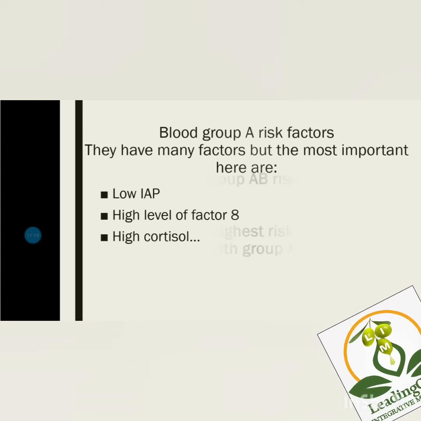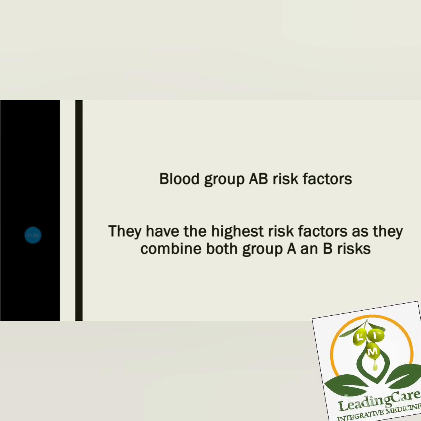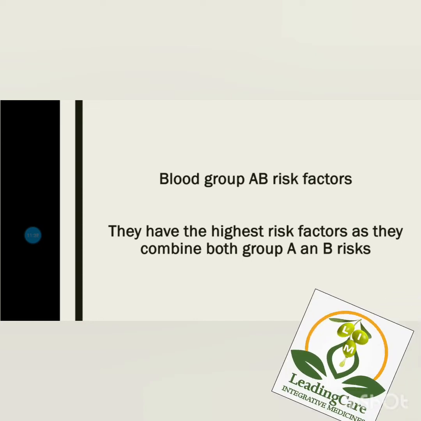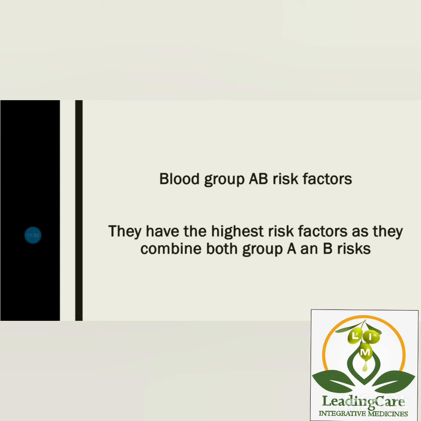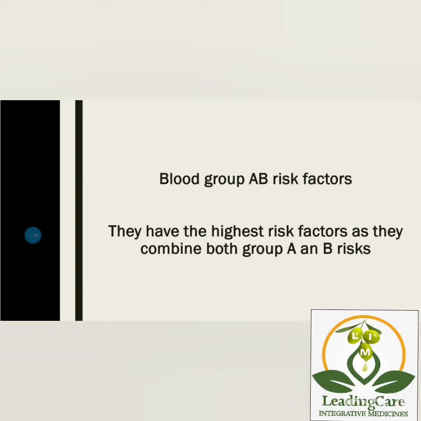So we have blood group AB. Blood group AB risk factors: in fact, they have many. They have the highest risk factors. Why? Because they have the attributes of blood group A and the attributes of blood group B. So all that is applicable to blood group A, you also find in blood group AB, because they have A already.